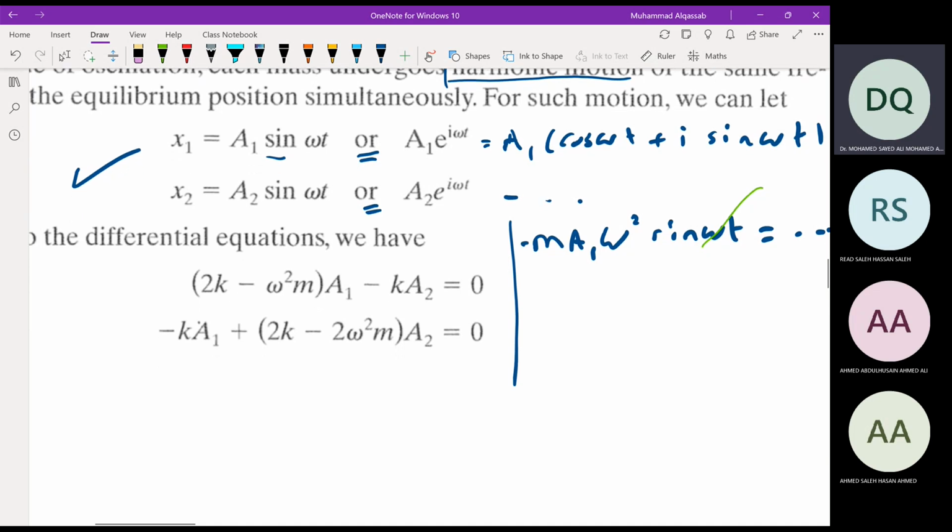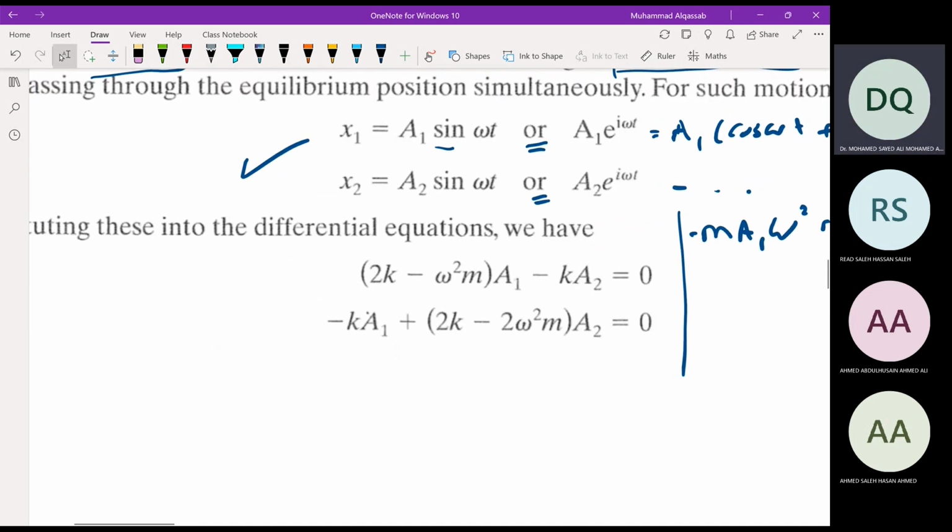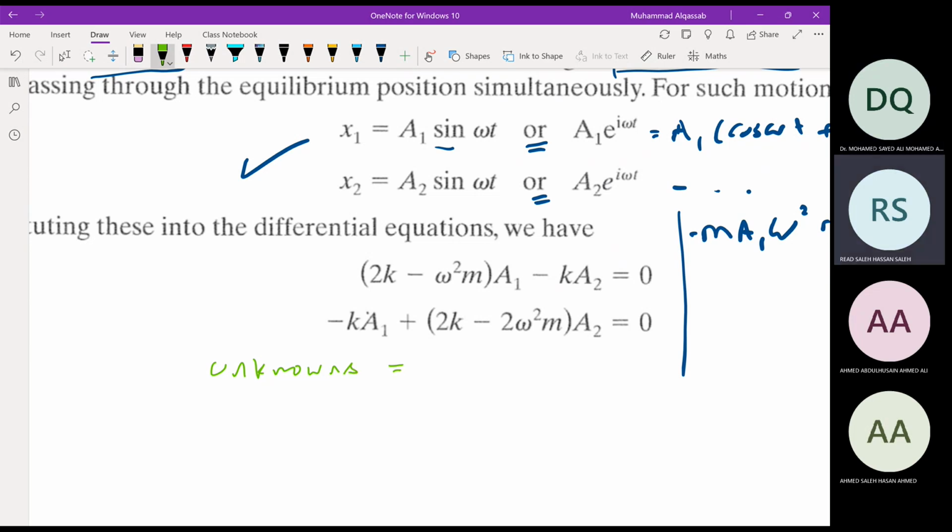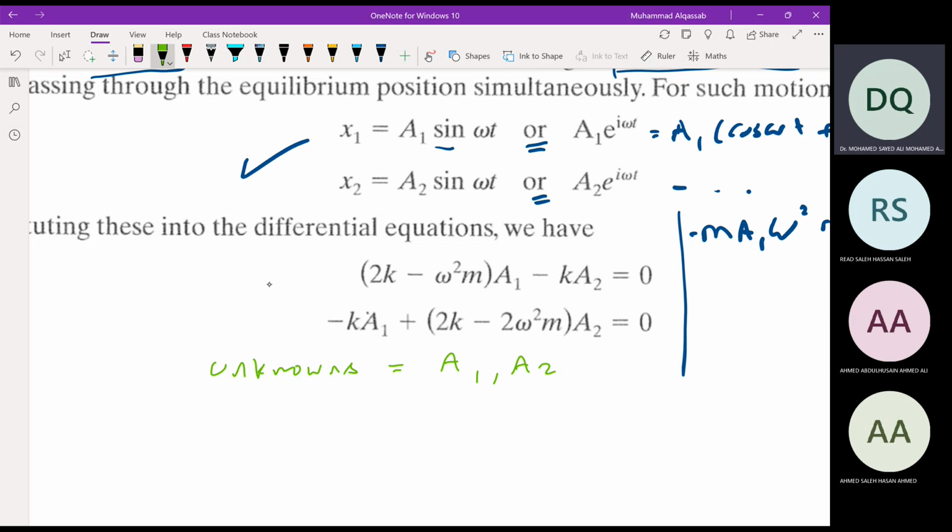Now, if we count the number of unknowns, what are the unknowns here? A1 and A2, and what else? And omega.